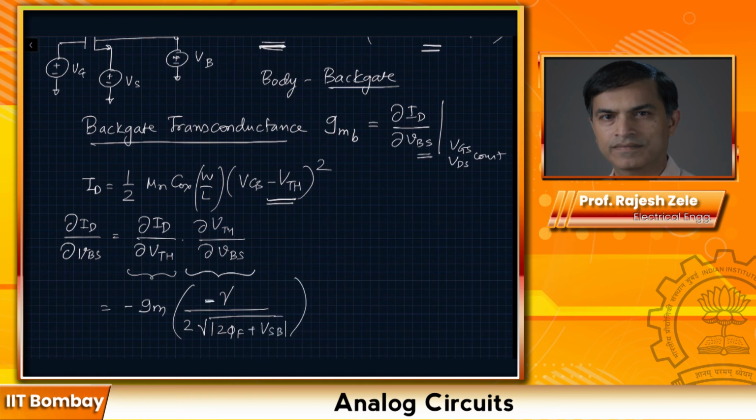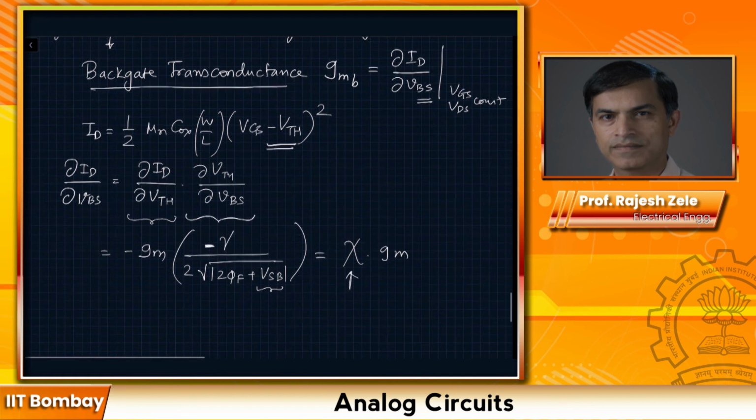The negative sign is because we have SB here and VBS here. So the final result is a factor like zeta times Gm, or the original transconductance. And this factor is somewhere between the range 0.1 to 0.3. So this is our GMB.